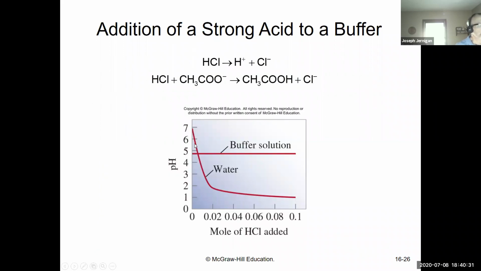In comparison, if you added that same amount of HCl to just water, the pH is going to drop dramatically and become very acidic with just small amounts of HCl addition. So this illustrates very nicely the capacity of an acetate buffer system.